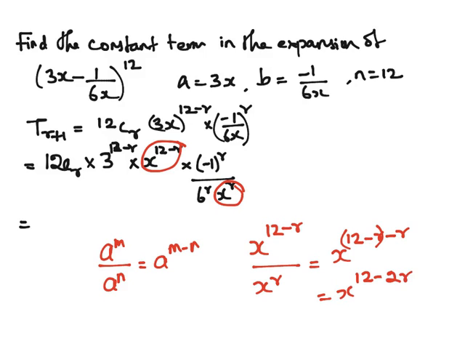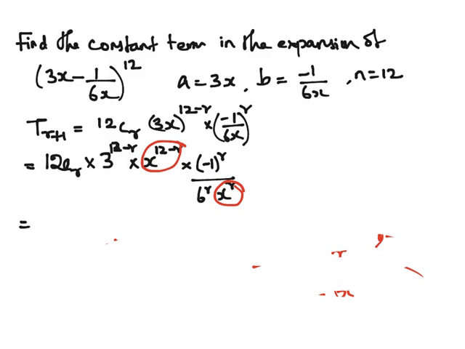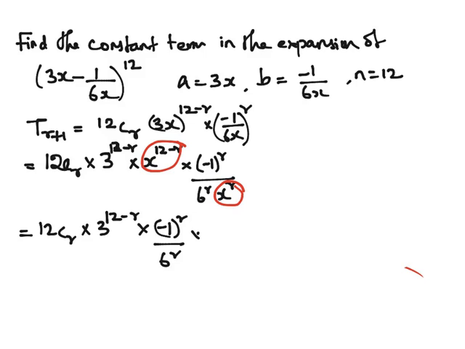Okay, so this is the one. Let me erase this. So I shall get 12Cr multiplied with 3 power 12 minus r multiplied with minus 1 power r by 6 power r multiplied with x power 12 minus 2r.